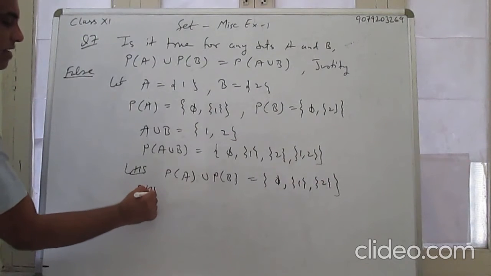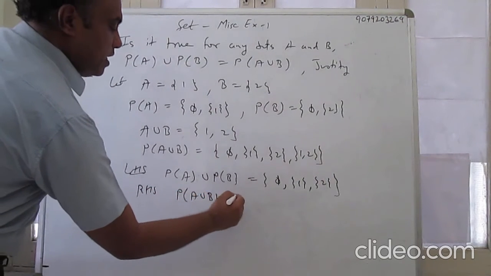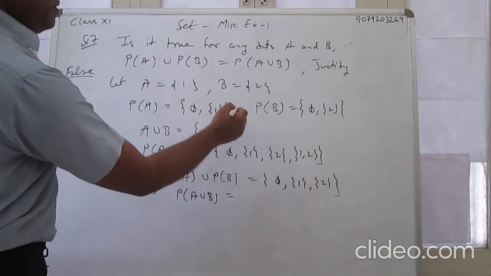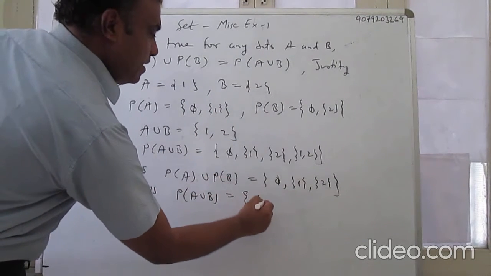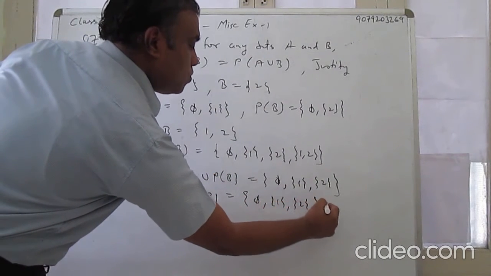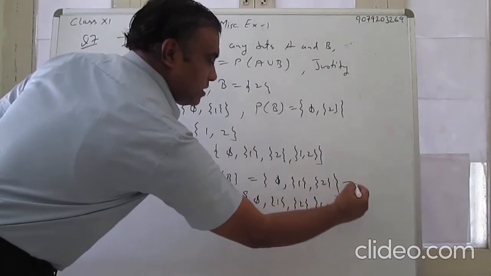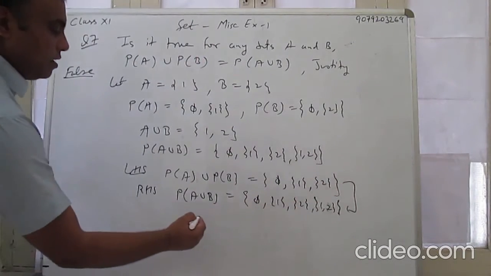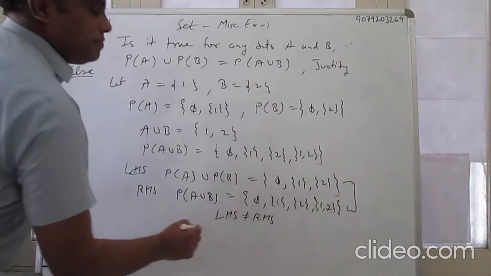What is the right hand side? The power set of A union B. This is our right hand side: ∅, {1}, {2}, {1, 2}. So you see that this is not equal. Left hand side is not equal to right hand side.